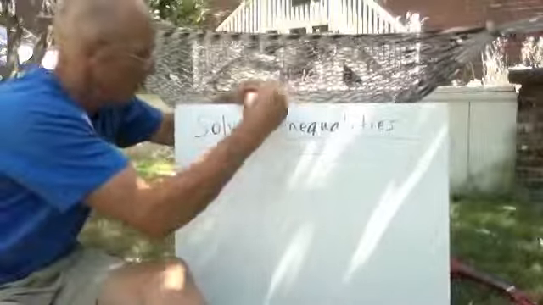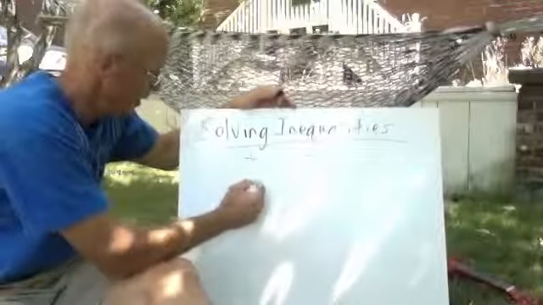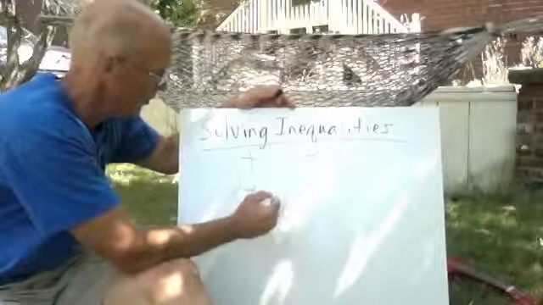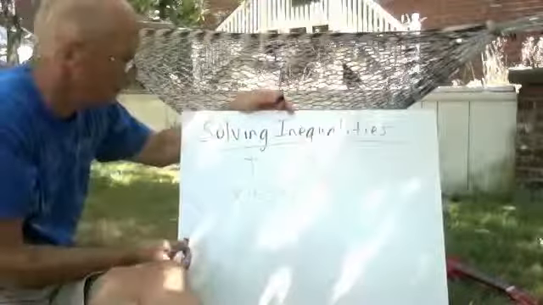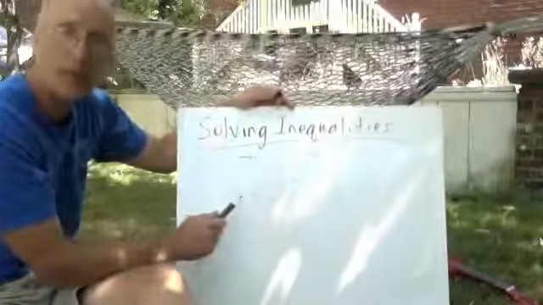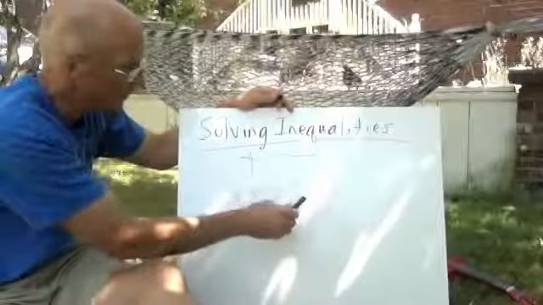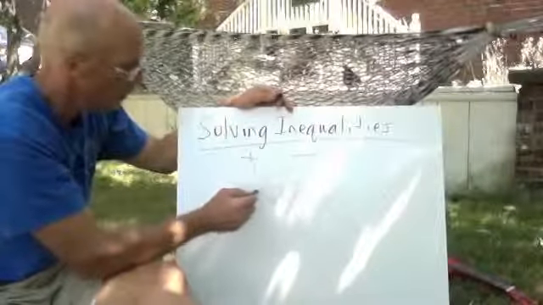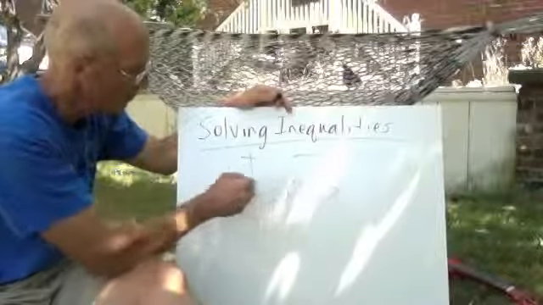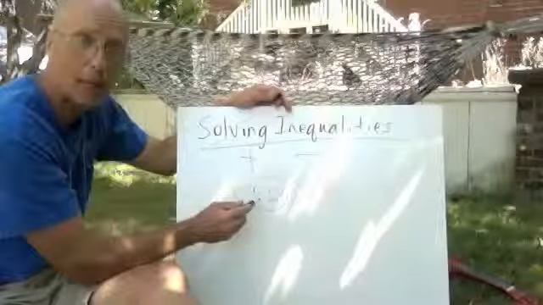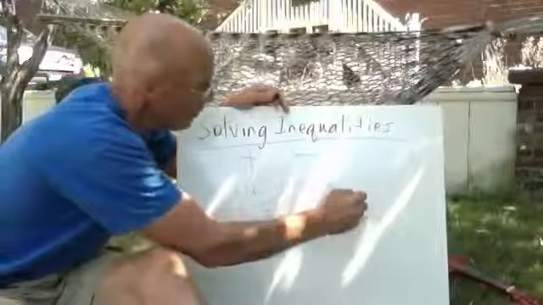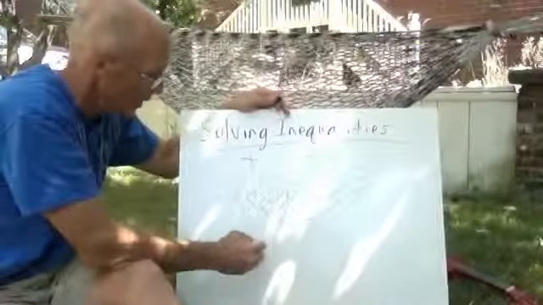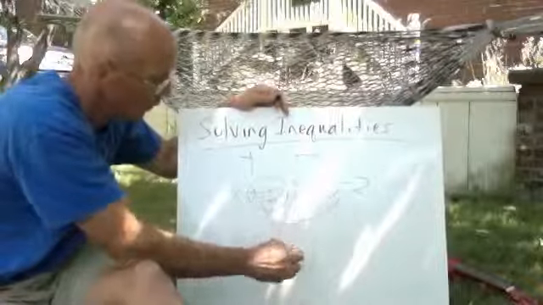So if I had x plus 2 is greater than 3, I solve that the same way. I just can pretend almost like that's an equal sign. So if I'm adding 2 here, I'm going to undo that by doing the opposite operation, which is subtraction. When I move that over to this side, I end up getting x is greater than 1.